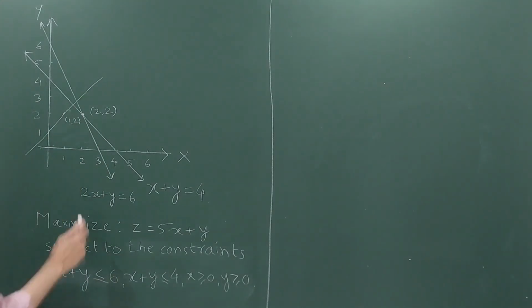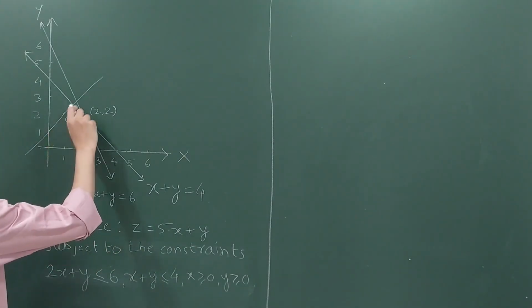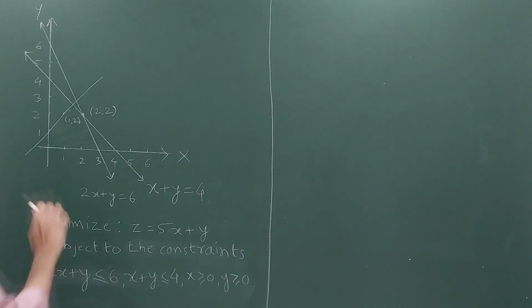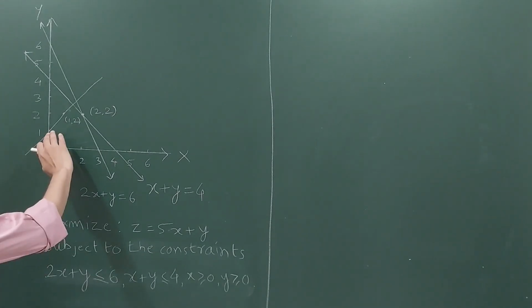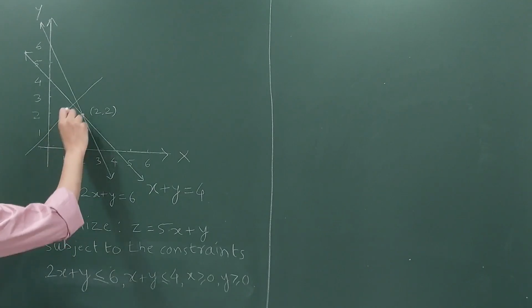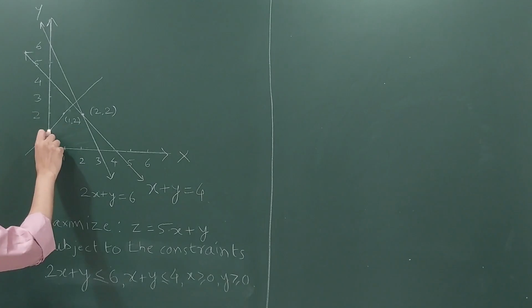Now how does the objective function vary along this segment? That is what is crucial to our analysis in this case. So let's see, first let us find out the equation of this line. First observe that the slope of this line is 1, and the second thing to observe is that its y-intercept is positive 1.